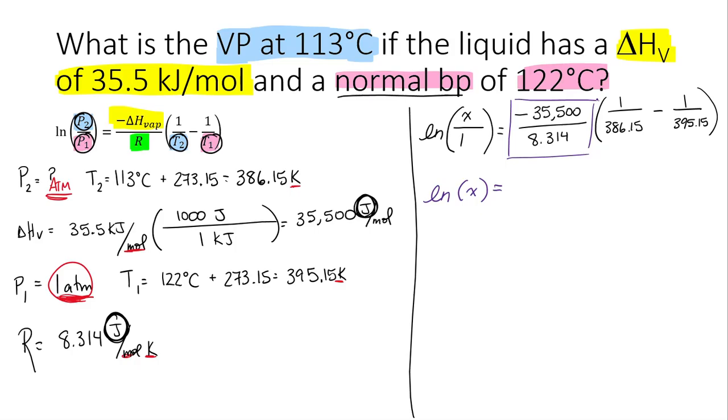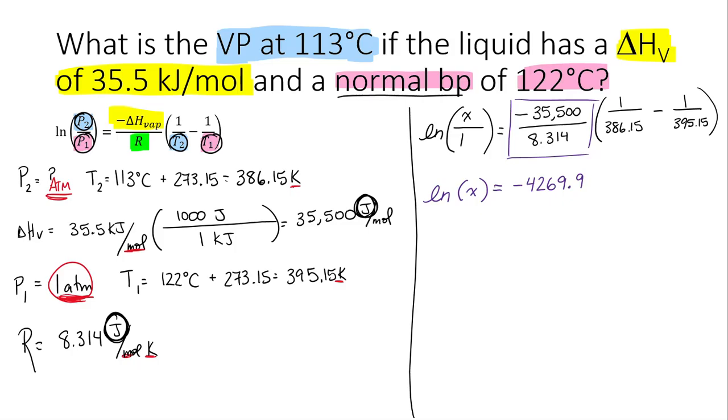On my calculator, negative 35,500 divided by 8.314 gave me negative 4,269.9. And I'm keeping digits. I keep lots of digits until the end.